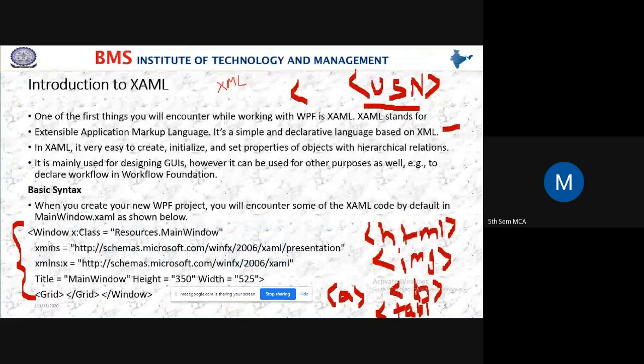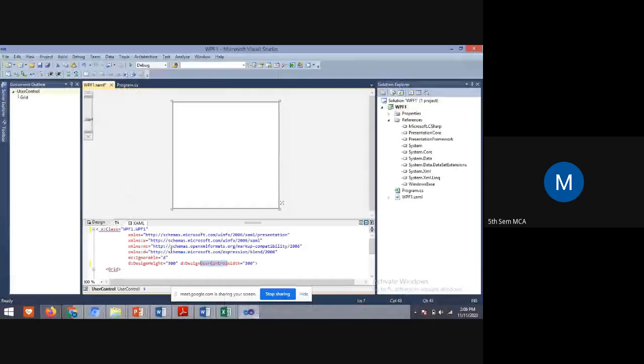I told you this is a default code. When you add a Windows Presentation Foundation file to the program, it will generate a default code. Again we'll go back to the program and check. Yes, that code is there.